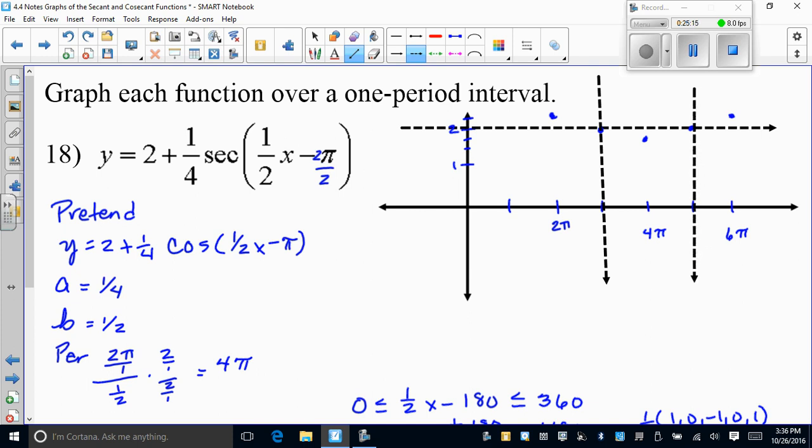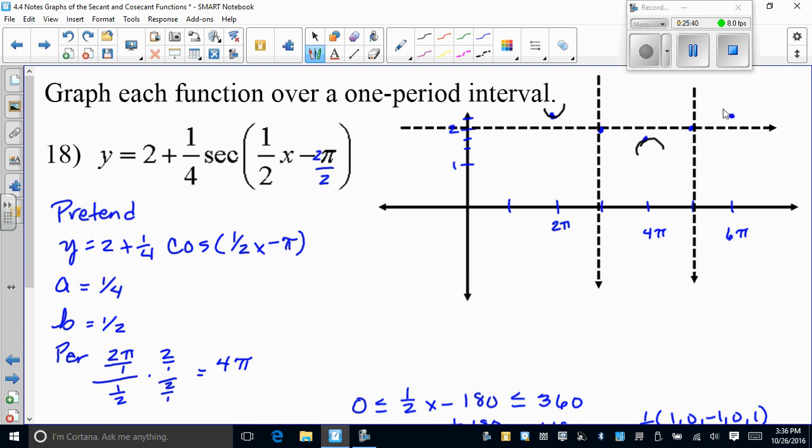Let's fix this one. And then at our max and mins, we are going to put in the u's. At the max, it is u. At the min, it's an upside down u. And again at the max.